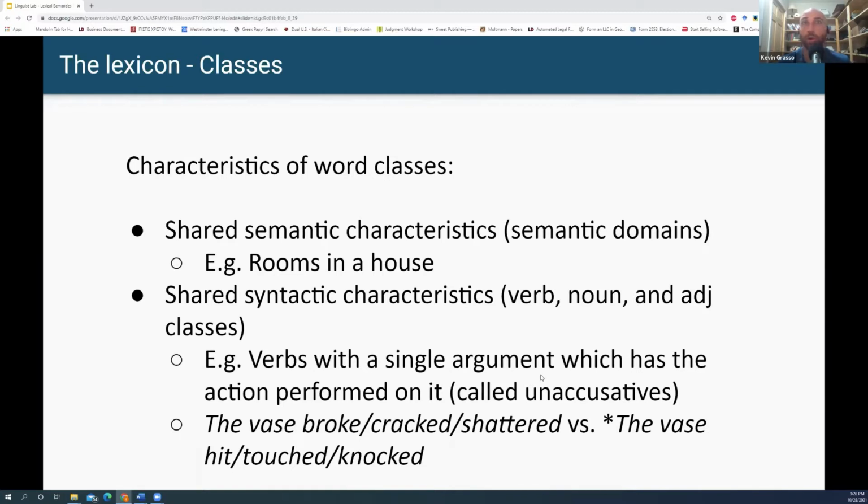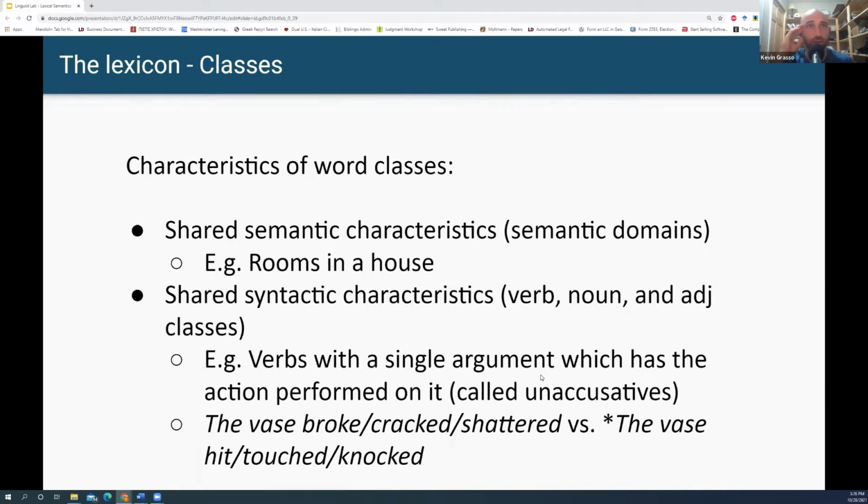I think what's more important and more interesting is shared syntactic characteristics. So the idea is that there are certain meaning components in words that have grammatical consequences, right? So in other words, and we're about to see this, there are some words that will do certain things differently in the grammar, and there's a whole class of them that'll behave the same way, right?